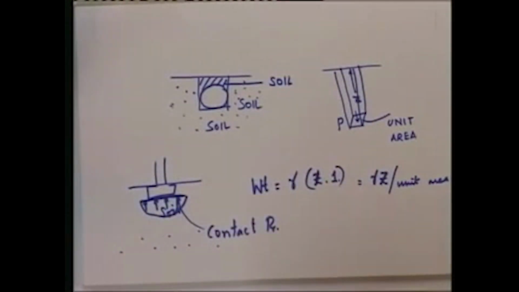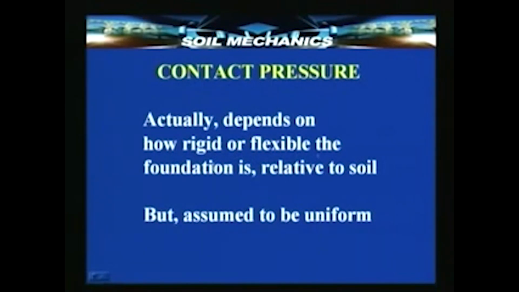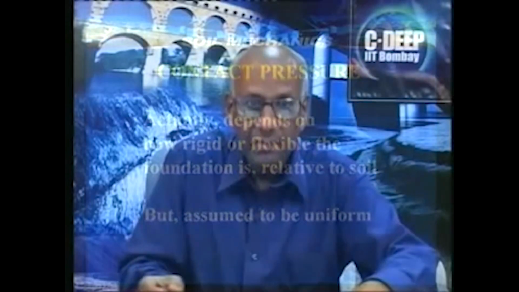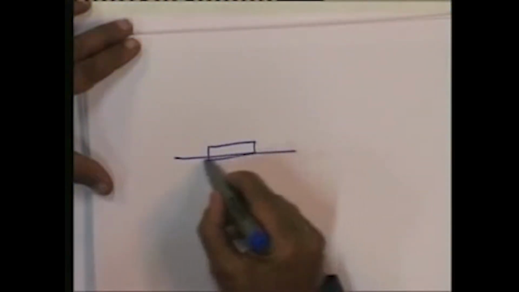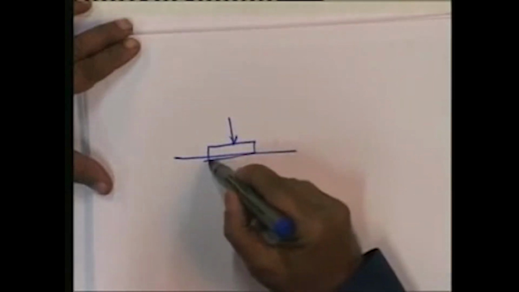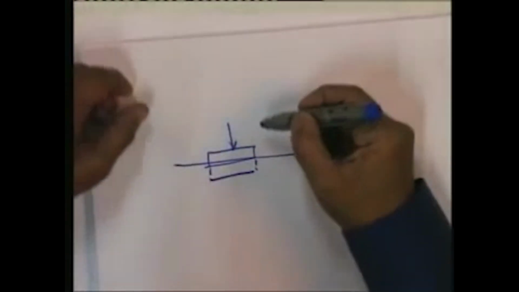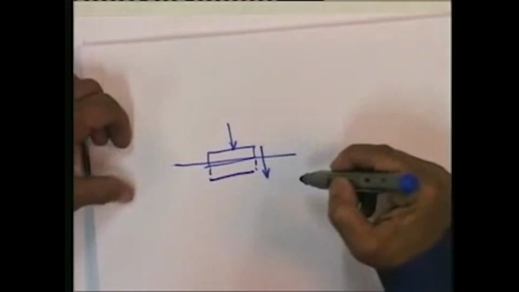Let us see next. This contact pressure actually depends on the rigidity or flexibility of the foundation relative to the soil. Imagine I have a rigid foundation. This foundation is so rigid that when I apply a load on this, it is going to settle uniformly, because it is a rigid object, it will simply go through.